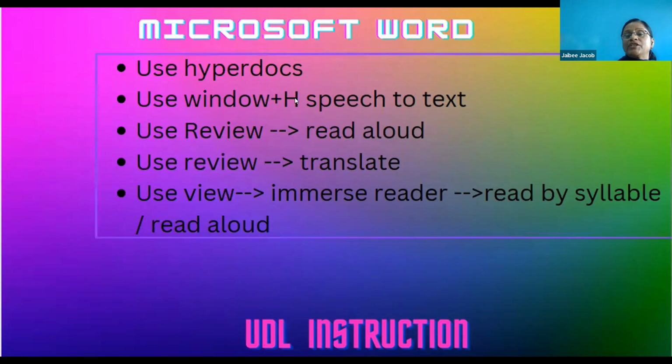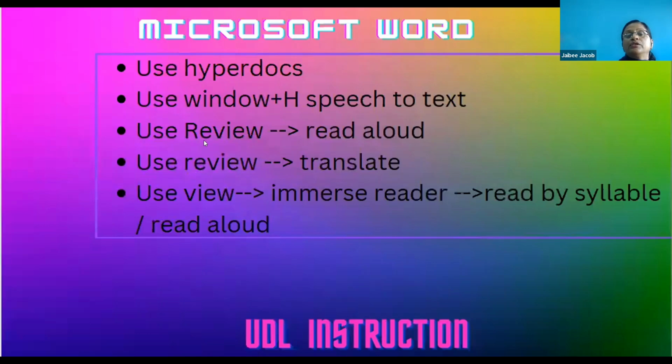If you use Windows plus H, a small text box opens up, and whatever you speak will be converted into text. That will also tell the student how to pronounce, because if he has pronounced a word wrongly, you might get wrong spellings.